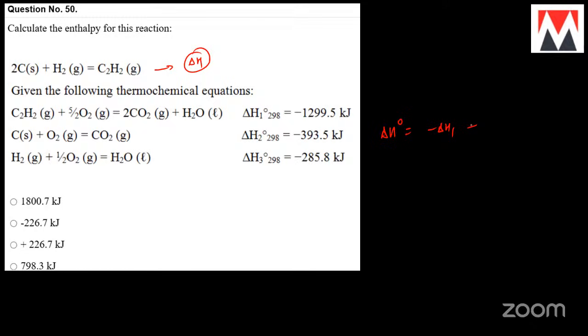So plus 2 into delta H2, and you need carbon on the left side itself. And then you have plus delta H3. So what is the answer? You get 1299.5 minus 787 minus 285.8. You get plus 226.7 kilojoules. So your answer is plus 226.7.